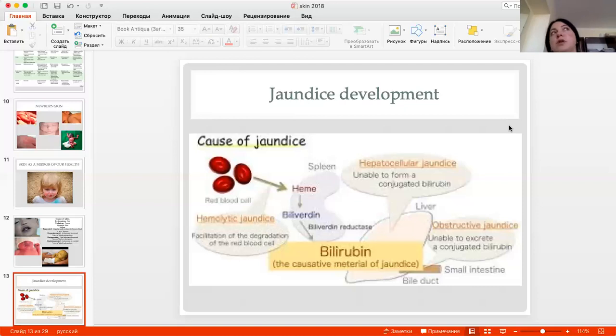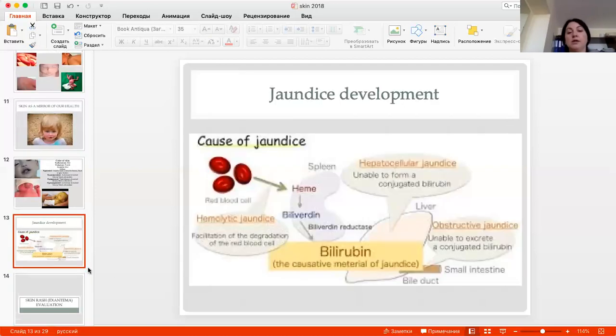So being narrowed, it means that their capacity to push the bile to the duodenum is lower. It means that bile stays, direct bilirubin is reabsorbed to the blood, and its level is increased, and it may color the skin of a child yellow, like on the picture.